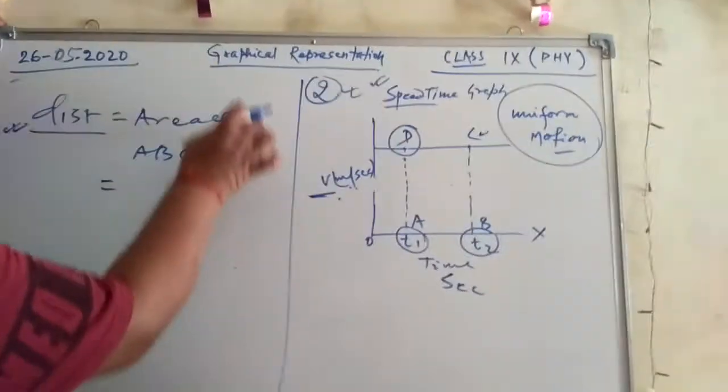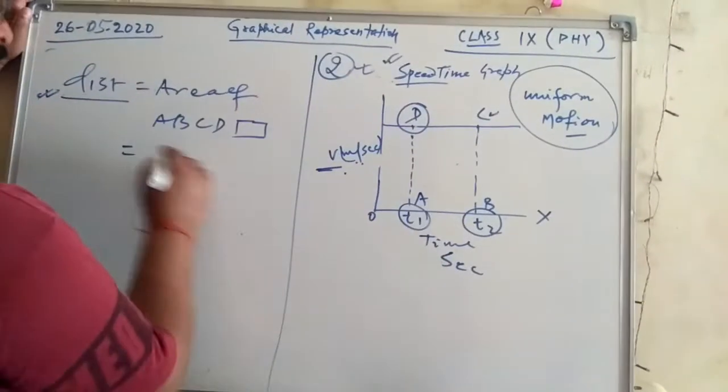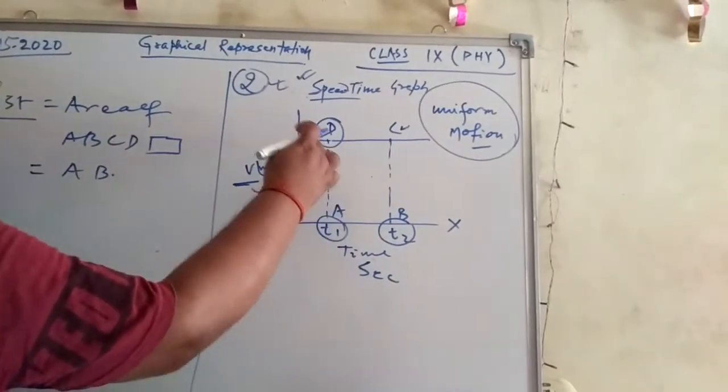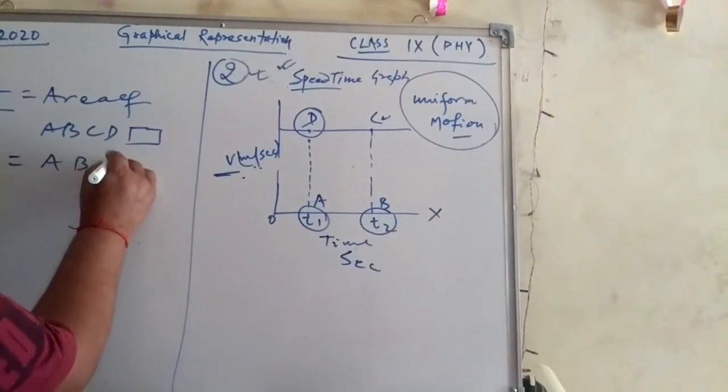What is the area of the rectangle? Length into breadth. Here L is AB and B is DA or AD.